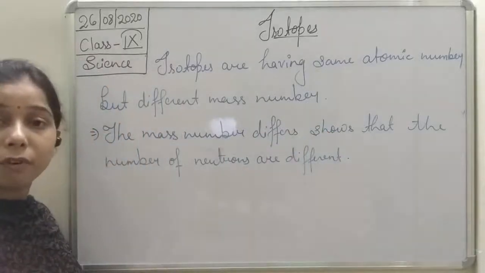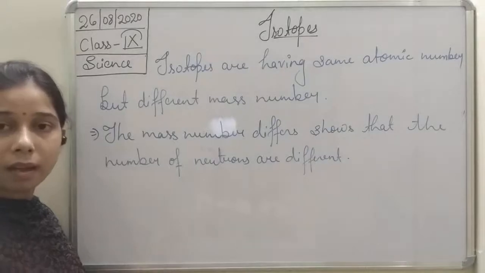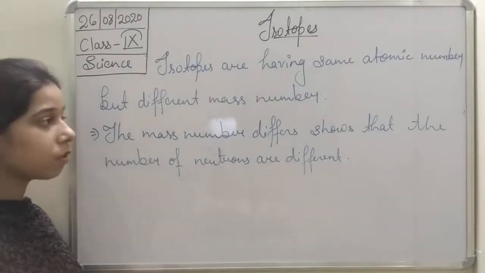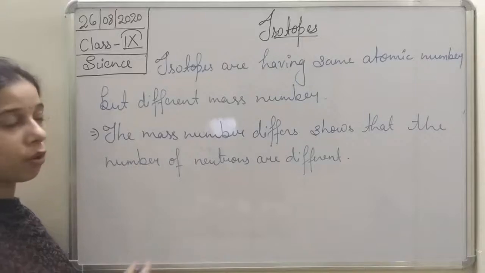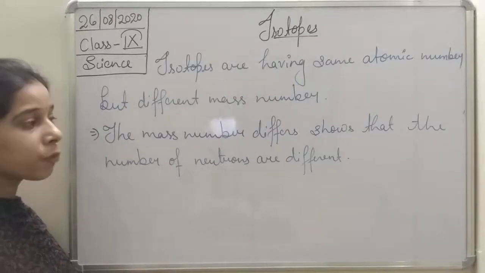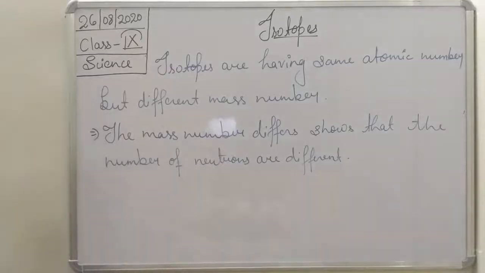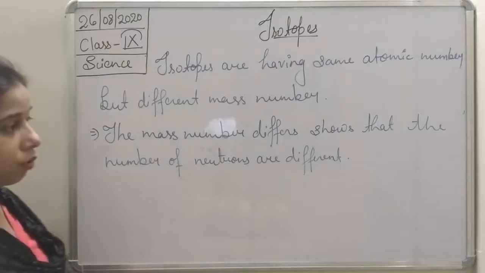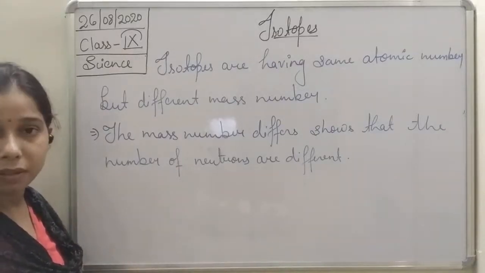Okay, because the number of protons and the number of electrons both are equal to the atomic number, the protons and electrons will also be equal. So it is because of the number of neutrons that it varies. So mass number different shows that the number of neutrons are different from each other.